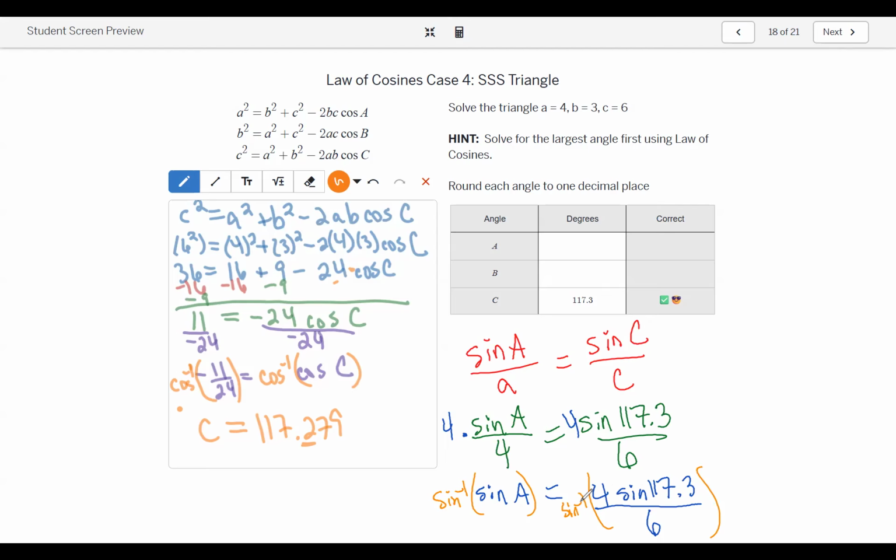And then we have sine A equals 4 sine 117.3, all divided by 6.